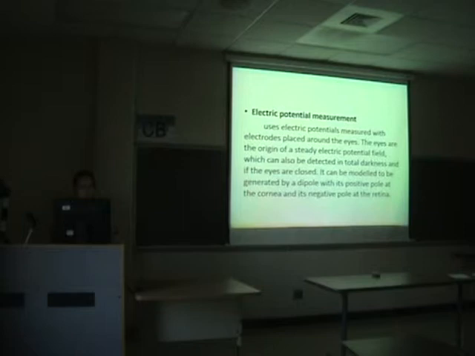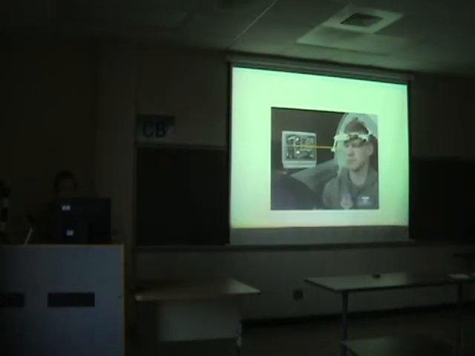Since the eyes maintain a steady electric potential field which can be detected in darkness, even when your eyes are closed, it will detect how your eyes move. When you sleep, it will also detect how your eyes move. This device looks very cool, and it is very light, so it's very comfortable for people, but it is also very expensive.